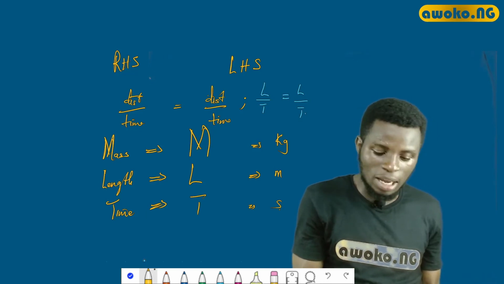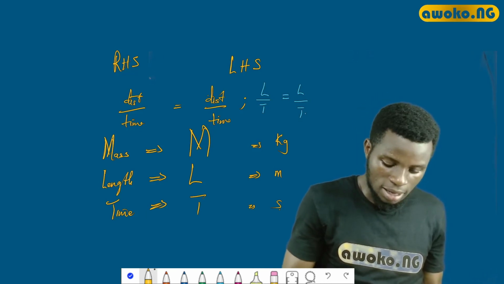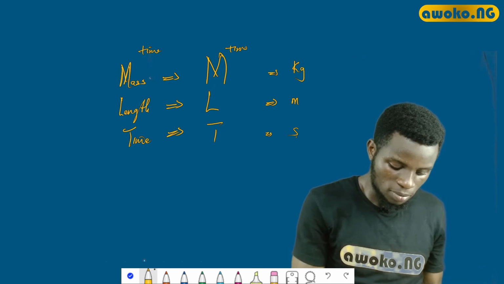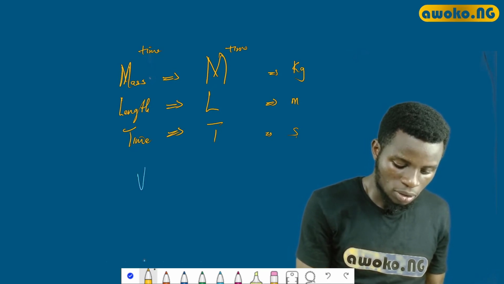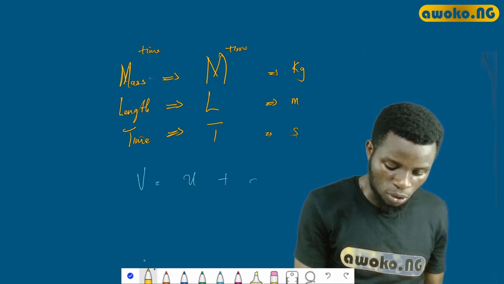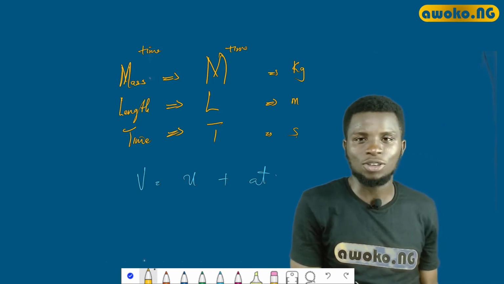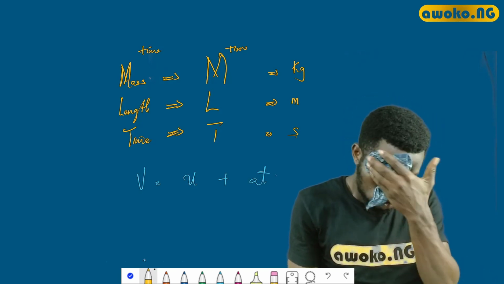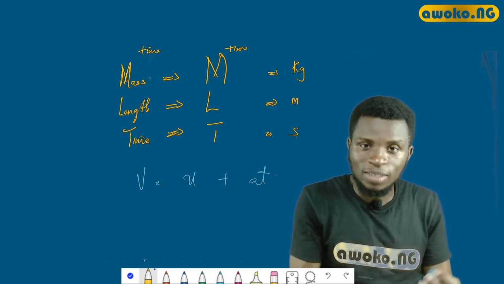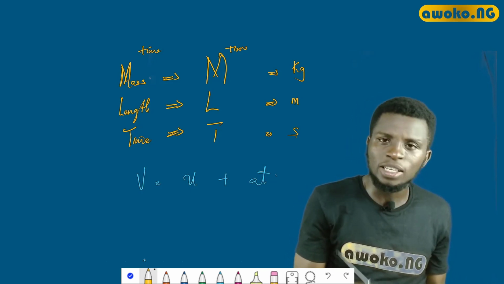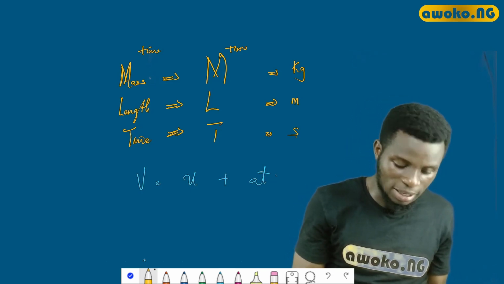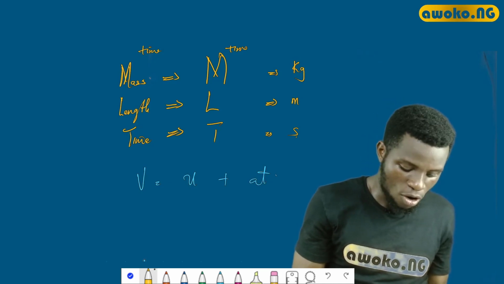So we have used dimensional analysis to show that the equation V equals U plus AT is actually correct. Just for the sake of knowledge, check if this particular equation is dimensionally correct or not.